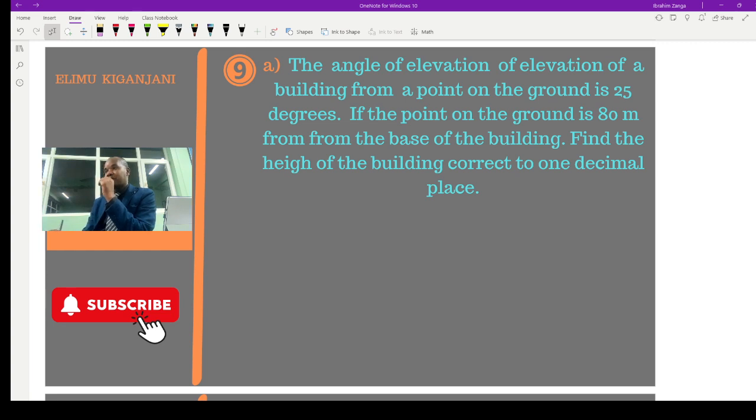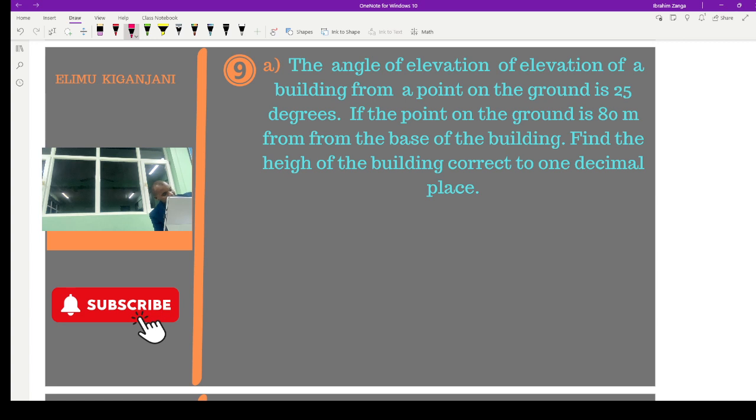In this question, we were told that the angle of elevation of a building from a point on the ground is 25 degrees. If the point on the ground is 80 meters from the base of the building, find the height of the building, correct to 1 decimal place.